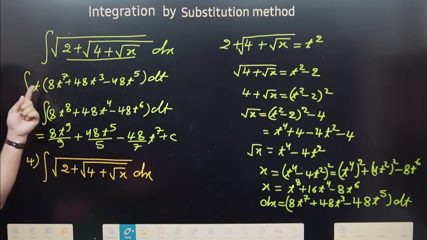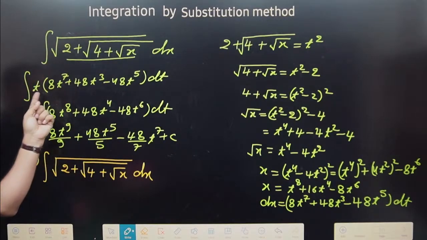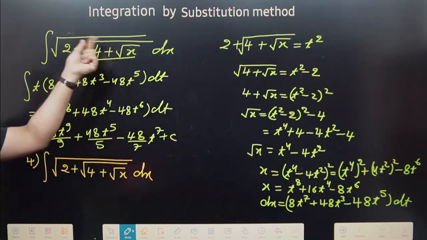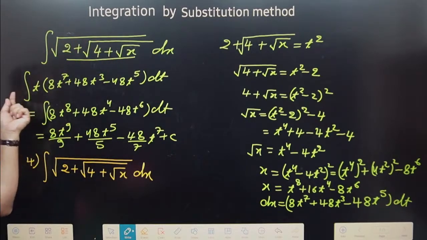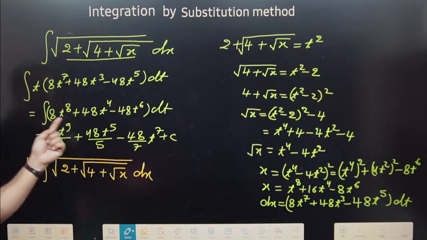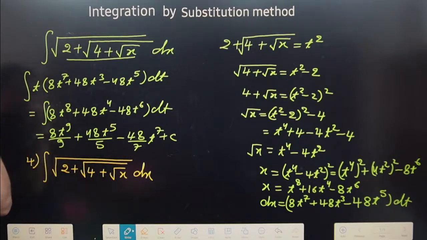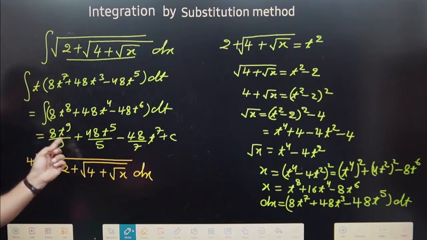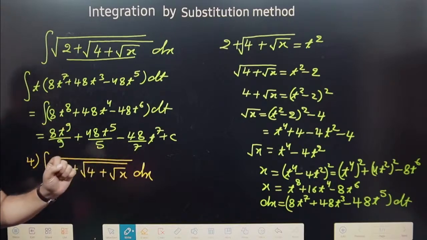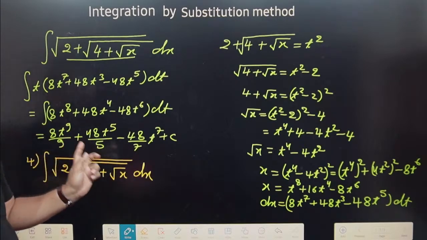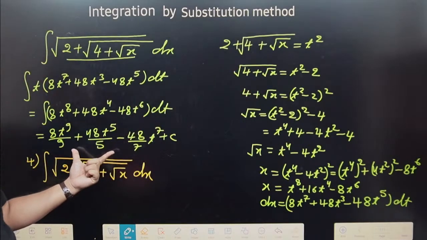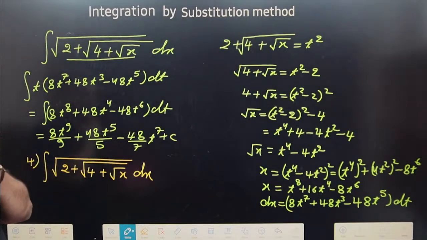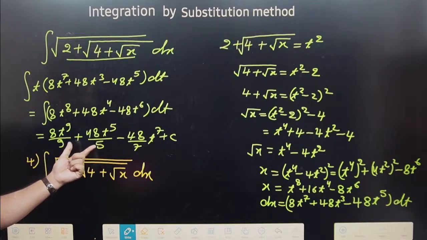After that multiply by t, and since this is basically t square, under root t square is t, so we multiply and get like that. The next step is simply to integrate, and finally put the value of t. If this value is put here, then we get the final answer.